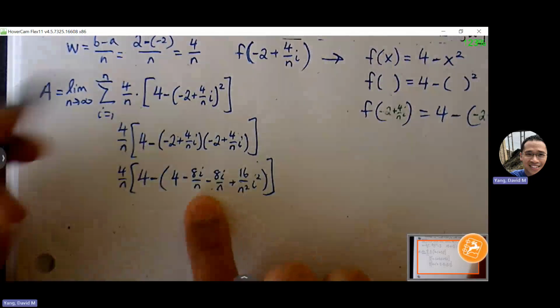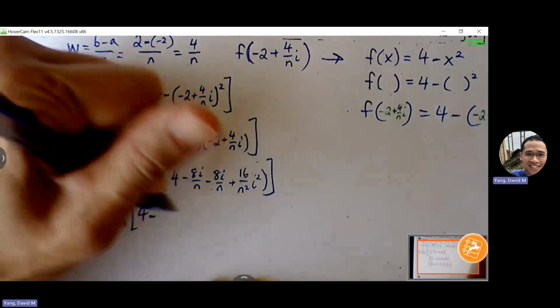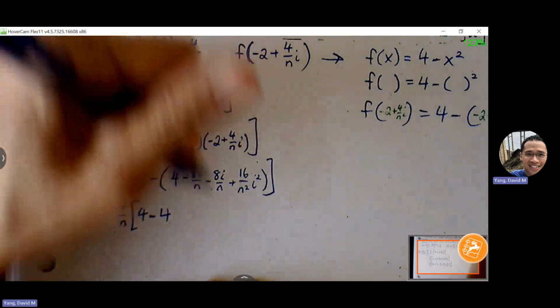Okay, clean up. I'll drop the parentheses, distribute the negative through, combine like terms there.